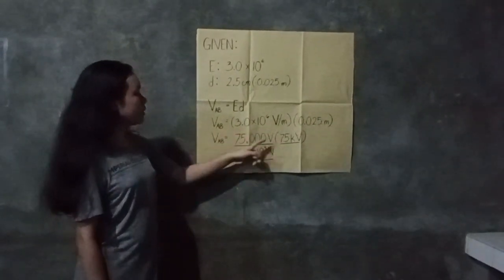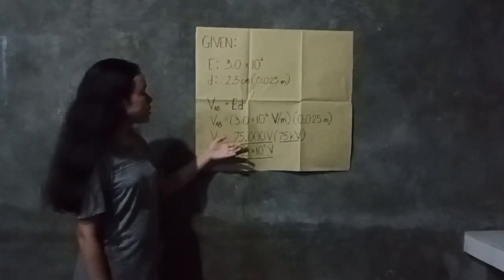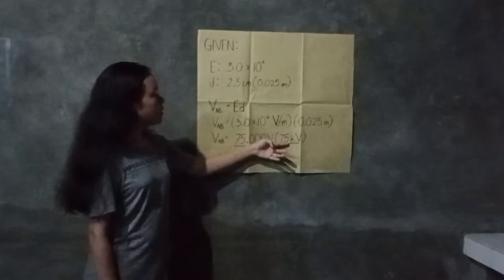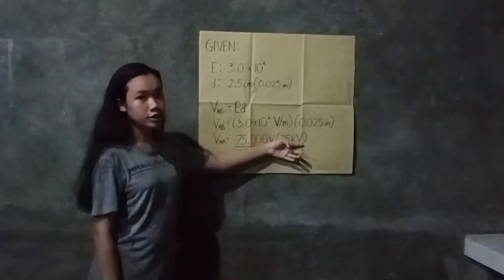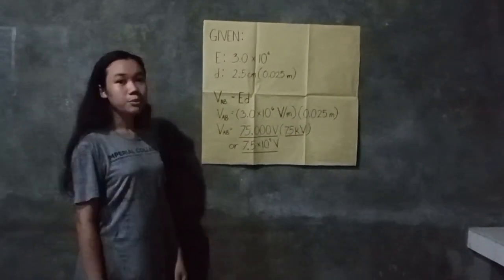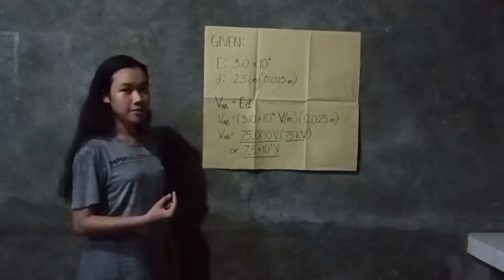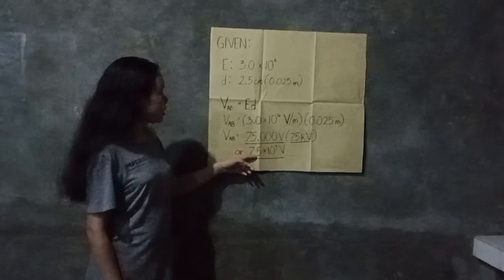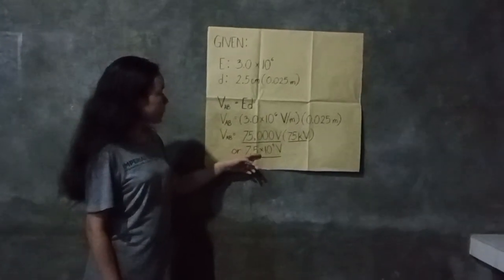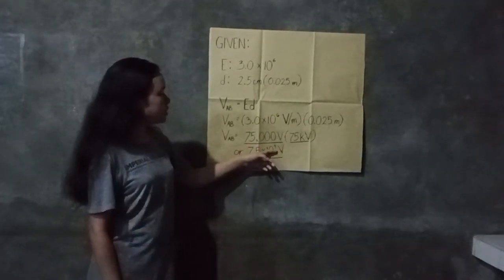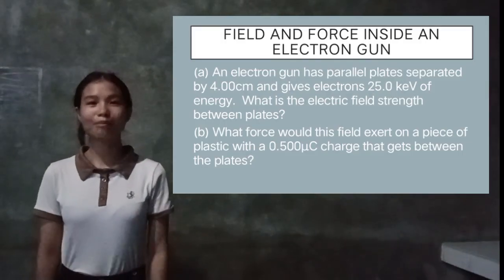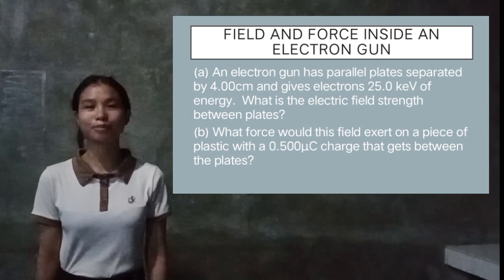When we solve this, the result will be 75,000 volts, or 75 kV, which we can write in scientific notation as 7.5 times 10 raised to 4 volts. I'm Claire Angabas and I'll be continuing the presentation.